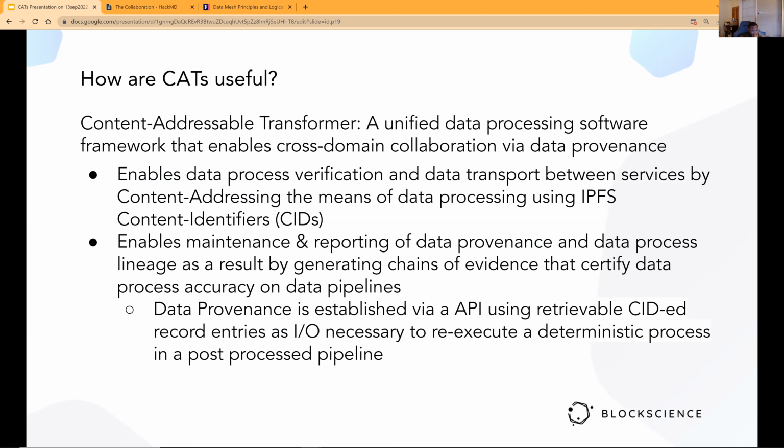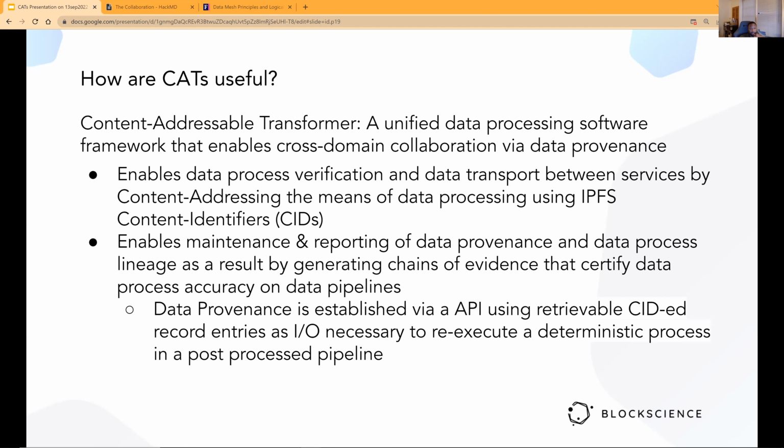So how are they useful specifically? They enable data process verification and transport between services with IPFS CIDs, which are the content addresses.